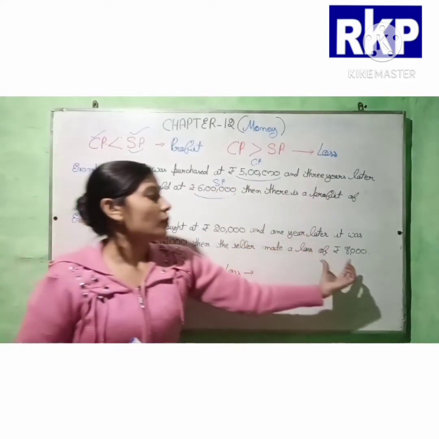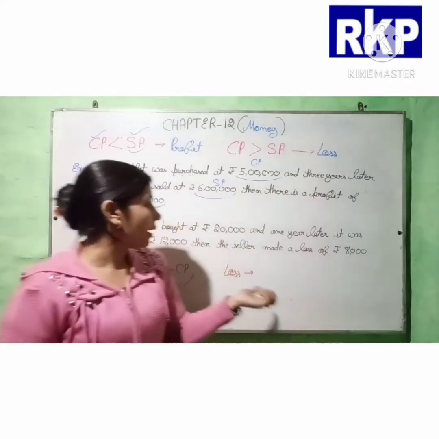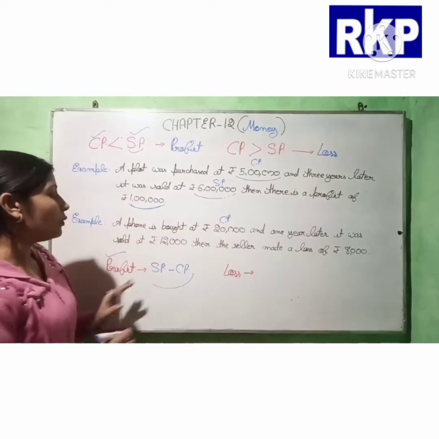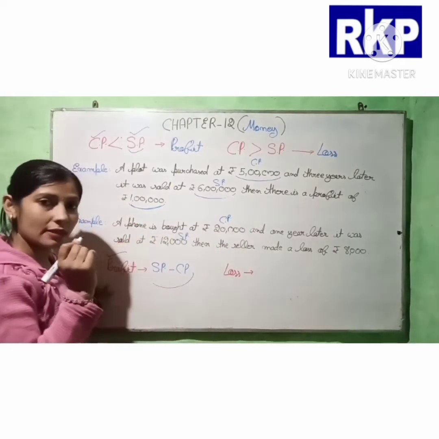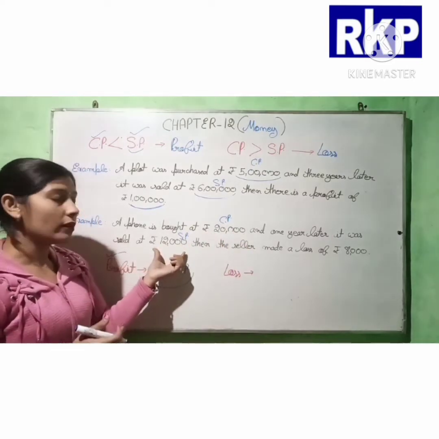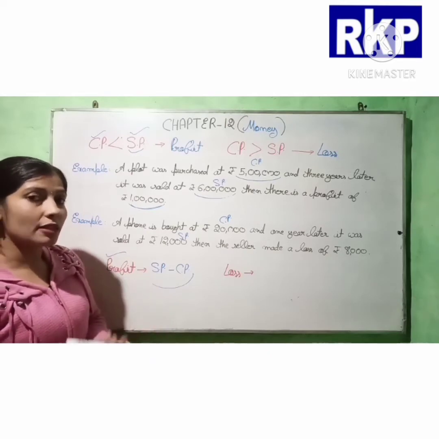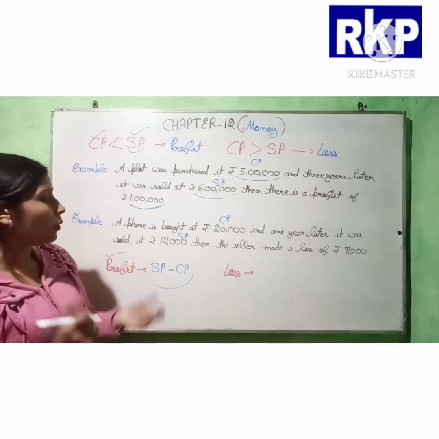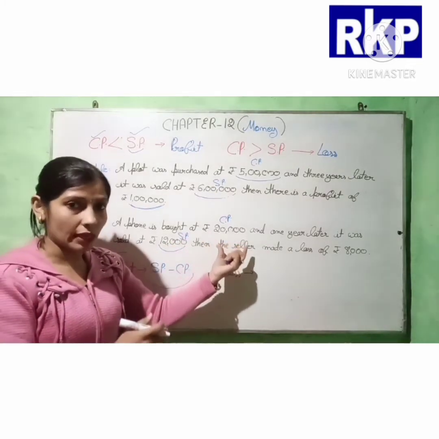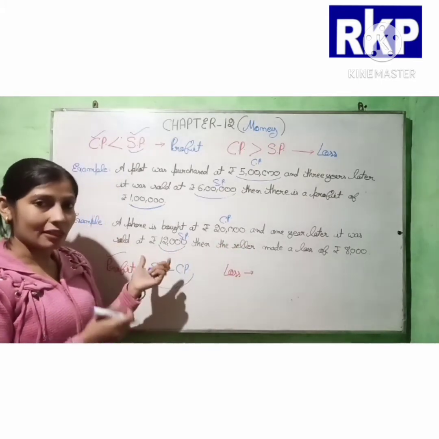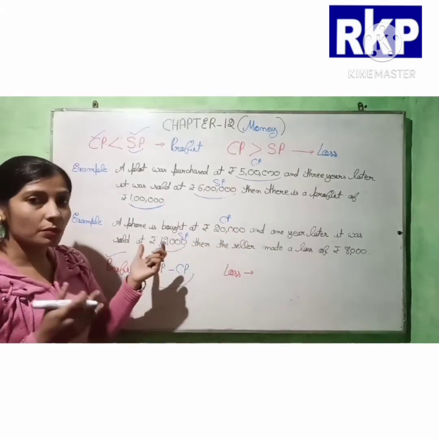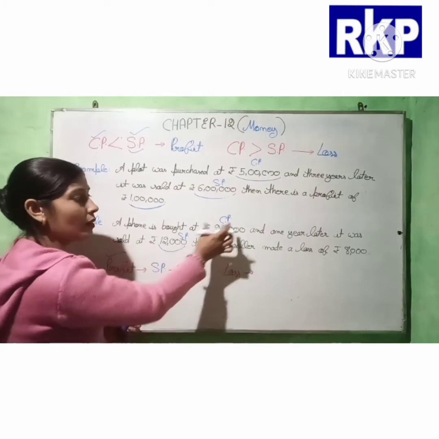Here we have 8,000 rupees loss, and 20,000 rupees is cost price and 12,000 rupees is selling price. 20,000 is greater than 12,000, and we have to subtract the smaller value from the greater value. So we subtract 12,000 from 20,000. 12,000 is SP and 20,000 is CP, so we have to subtract SP from CP.